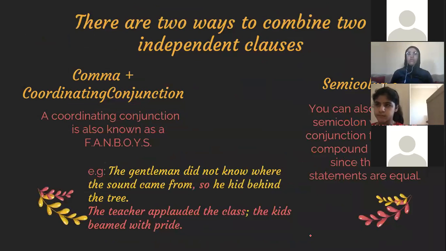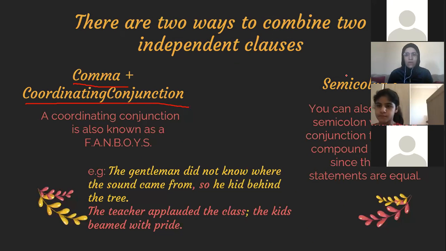Now let's move on to see how the independent clauses are joined, and how to make a compound sentence. So there are two ways to make a compound sentence. The first way, we use a comma with a coordinating conjunction.